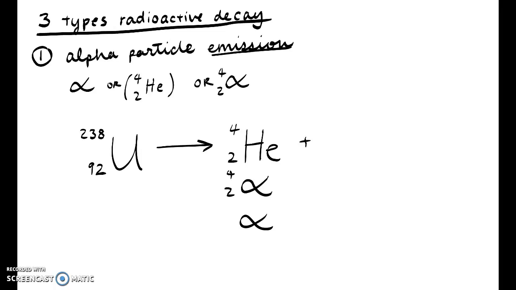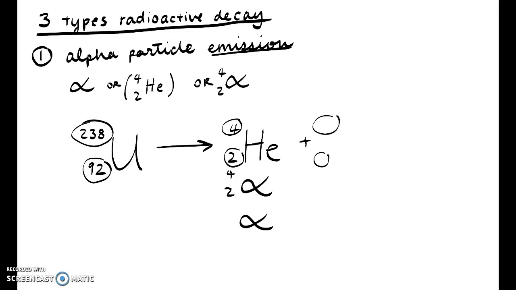But we'll stick with the first one, plus, and now we have to make the number of protons on the right side equal the number of protons on the left side, and the number of protons and neutrons on the left side equal the number of protons and neutrons on the right side.